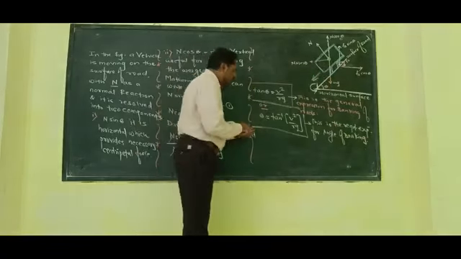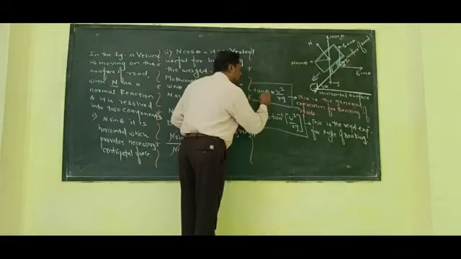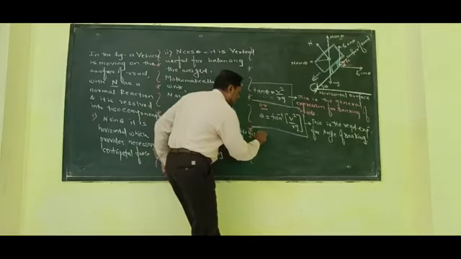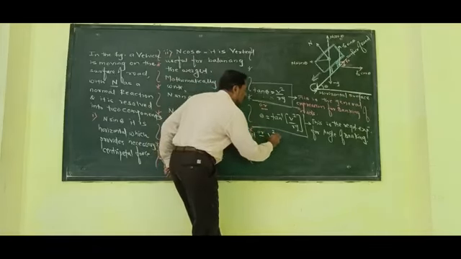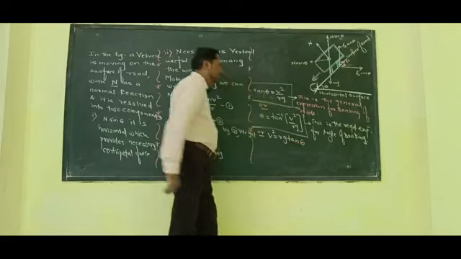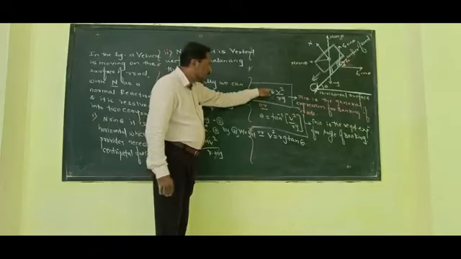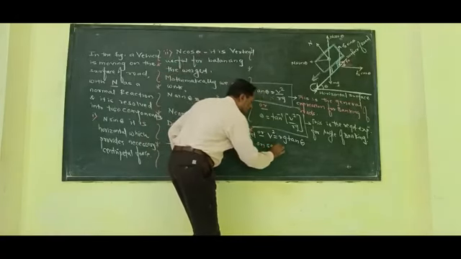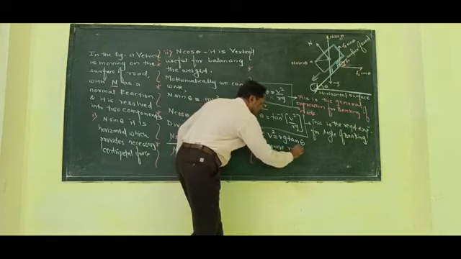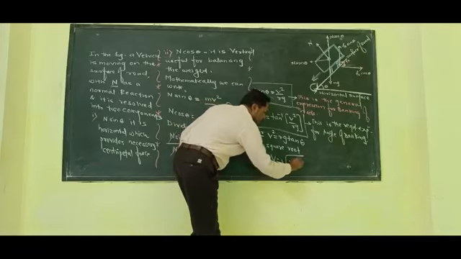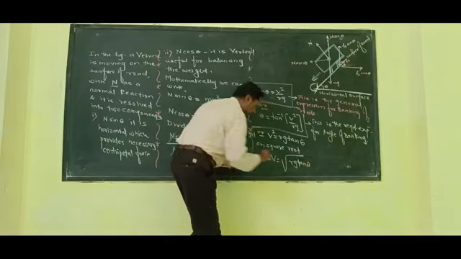If we take the cross product here, we get v square is equal to rg tan theta. Taking the square root, we get v is equal to under root rg tan theta.